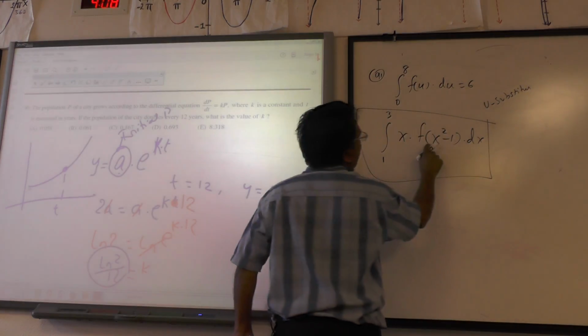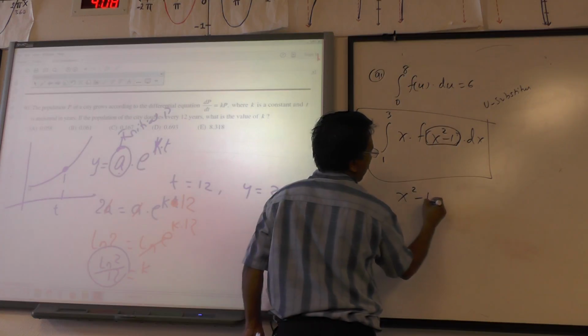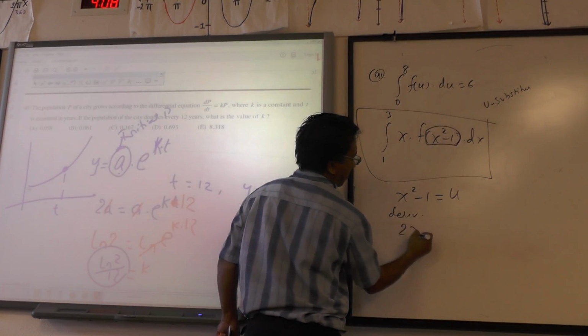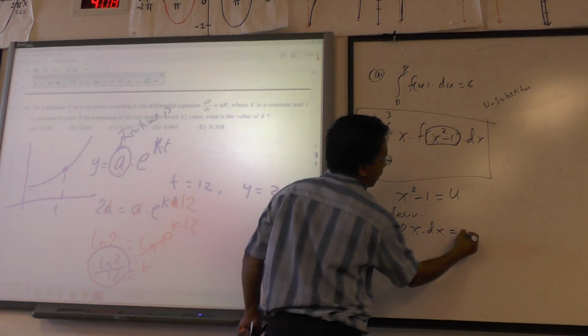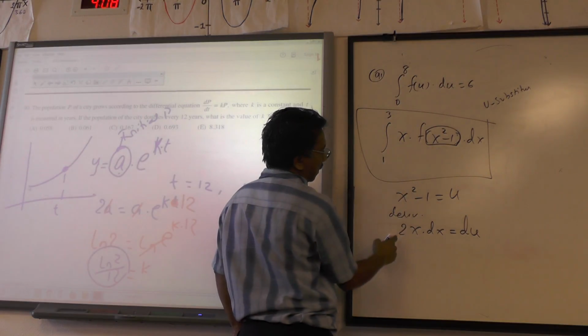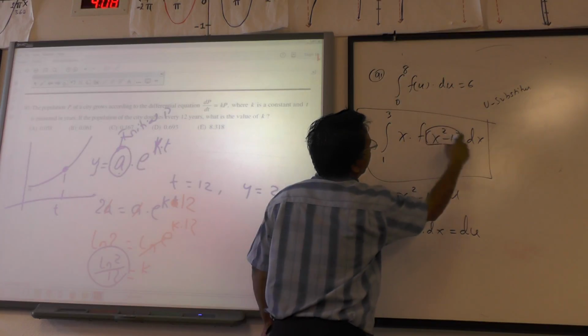So what you do is, there is a parenthesis here. Look at this, this is the main thing. Substitute x squared minus 1 is u. Take the derivative of this, it is 2x dx is du. Now when you want to replace, there's a 2 missing. Look at this, 2x dx is du, so this is x dx.